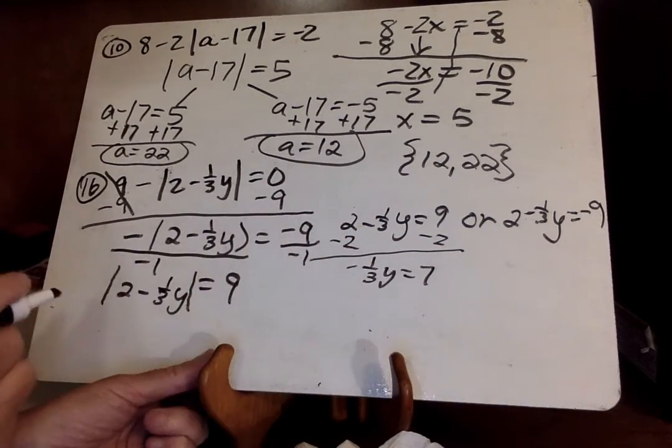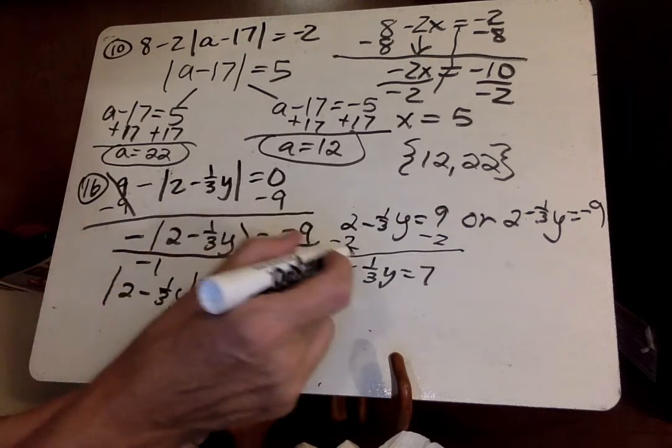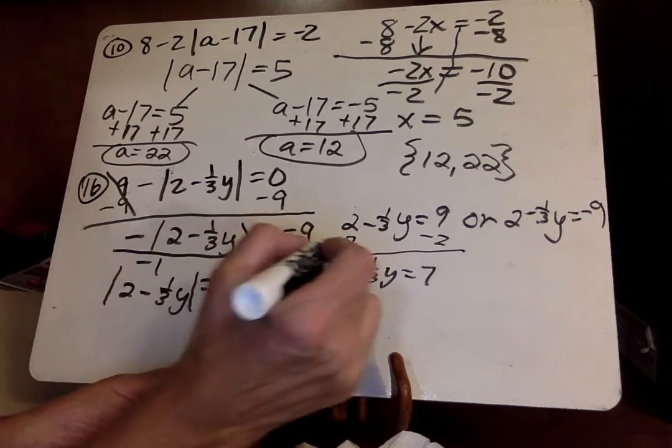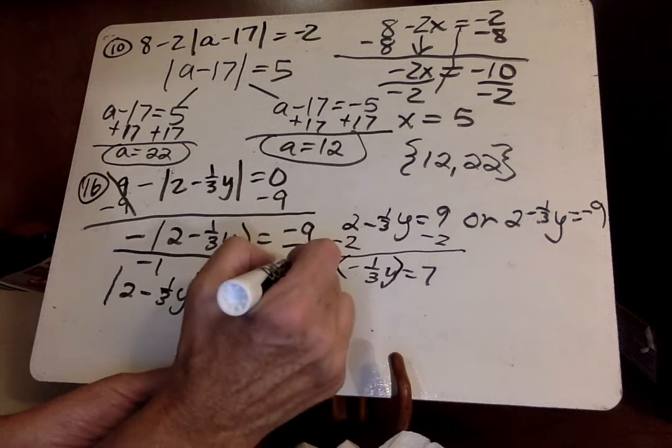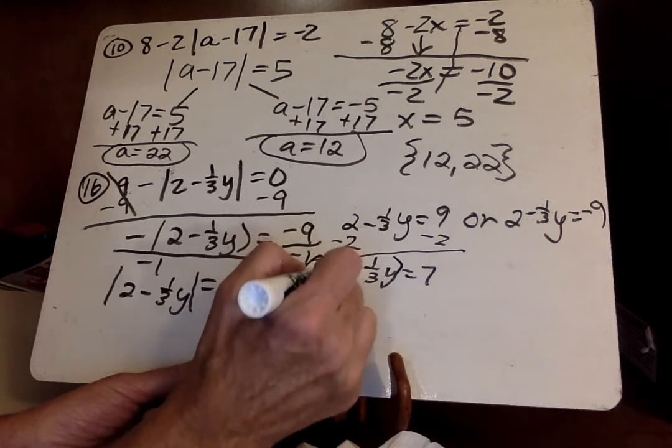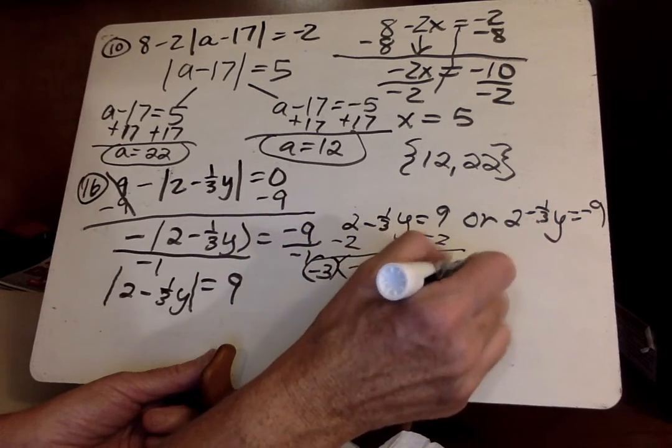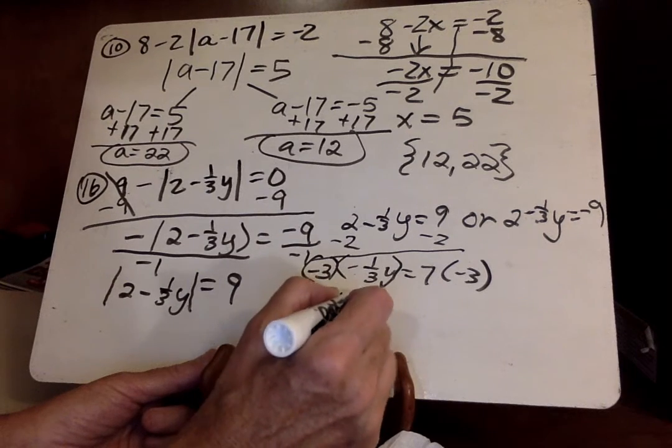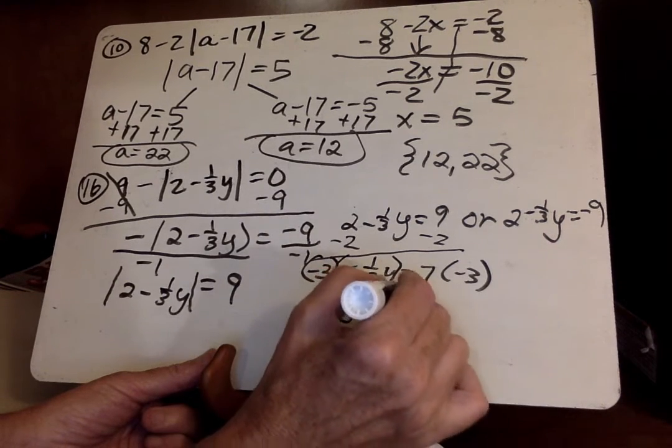Now, how do you get rid of the negative 1/3? Because y has to equal 1y. Well, we're going to multiply by negative 3. Multiply by negative 3. So y equals negative 21.